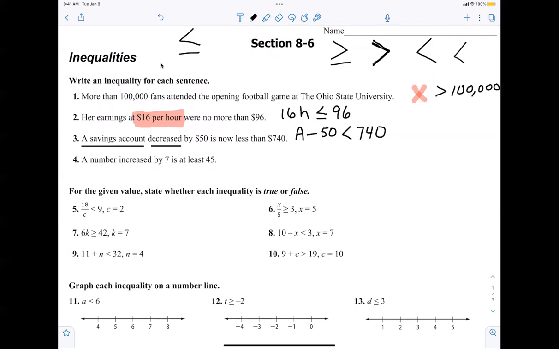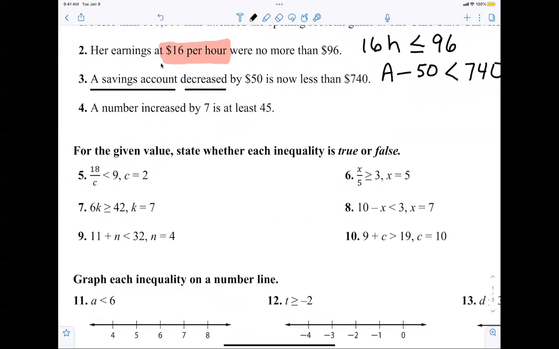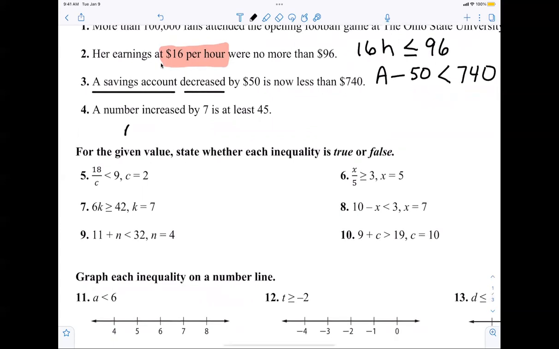All right. So Mackenzie, help me with number 4. Read that one. A number including 7 is at least 45. So how do I write that? Because you see least, you're thinking less than. So listen to what I'm saying.